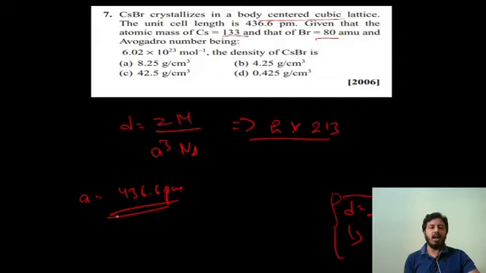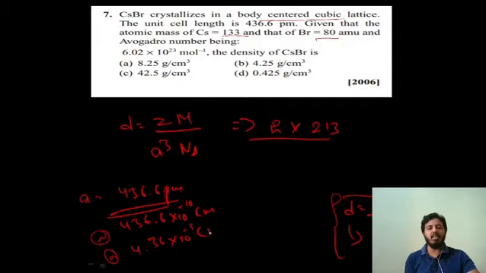For this, we have to convert this 436.6 picometer into centimeter. That is 436.6 into 10 power minus 10 centimeter, or we can also consider 4.36 into 10 power minus 8 centimeter by shifting the decimal towards left hand side.